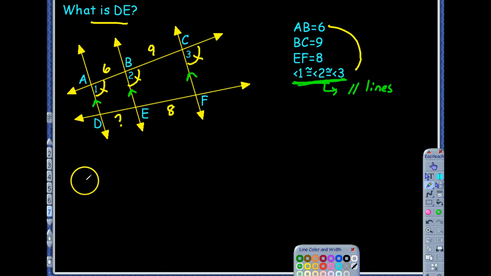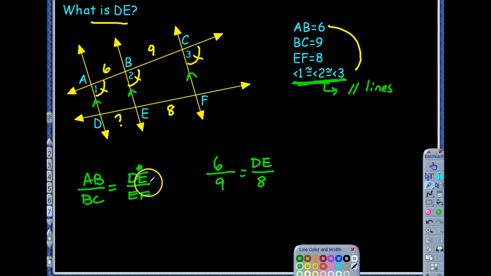So, for example, AB over BC, dividing that into those two pieces, would equal DE over EF. Since I'm finding DE, that's my question mark, I can easily put in the other pieces to solve the proportion. And the nice thing is they give you the other three pieces. So we do 6 over 9 equals DE over 8.